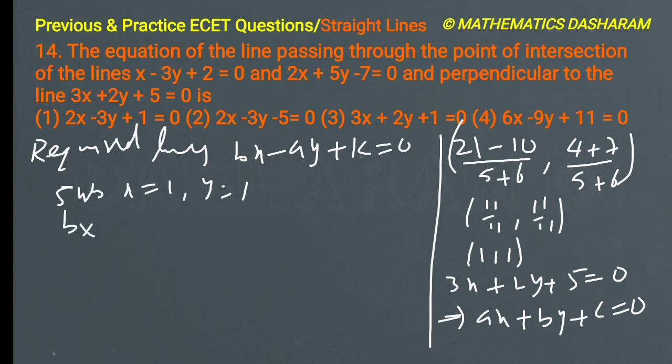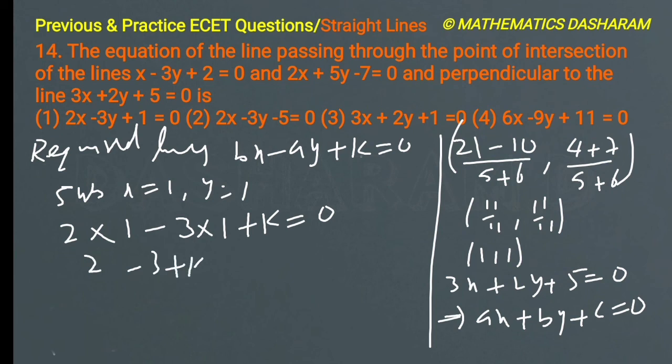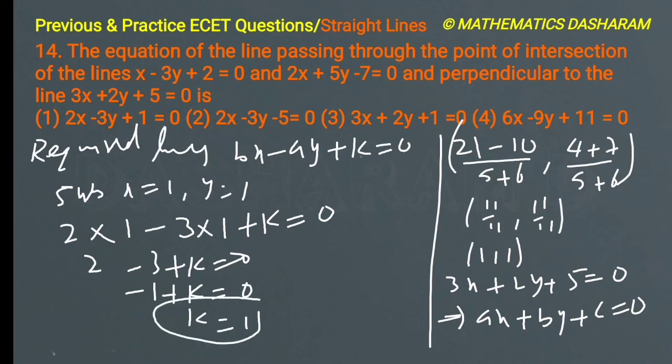Here the b value is how much? The b value means 2 into the x value 1, minus the a value, that is 3, and the y value 1, plus k equals 0. So 2 minus 3 plus k equals 0, minus 1 plus k equals 0, then k equals 1.